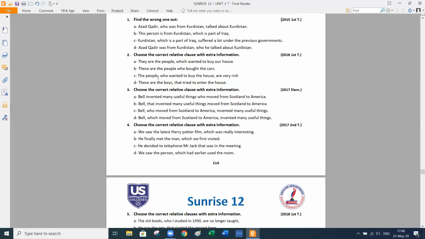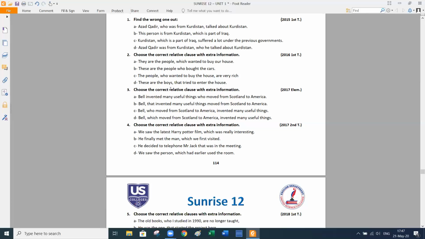So they put a comma here and they supposed this to be extra information, and they separated it with a second comma. According to the rules, who is used for people. Yes. A comma is used to separate the relative clause because it's supposed to be extra information. Yes. So we consider it to be correct.